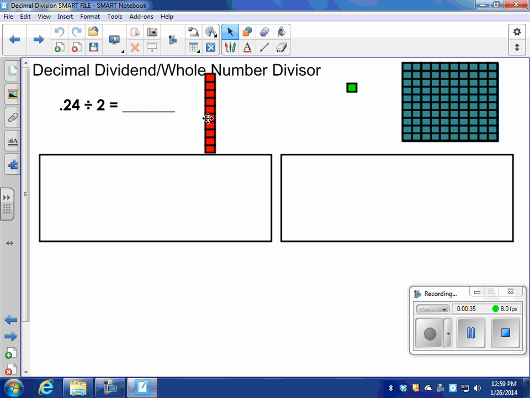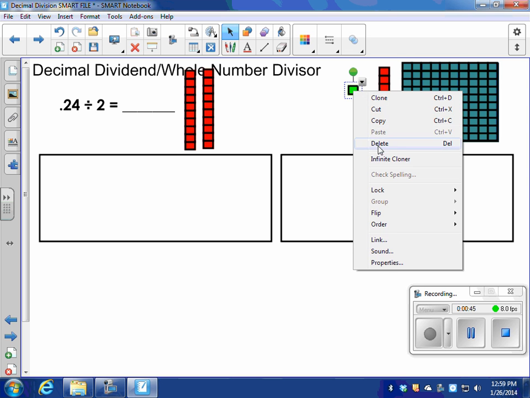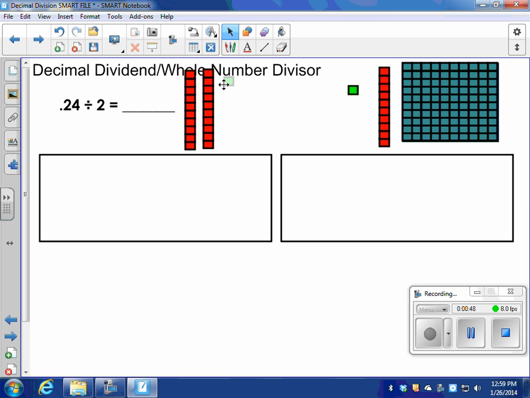So I'm going to go ahead and pull over 24 hundredths. So I've got 1 and 2. So there's my 20. 1, 2, 3, and 4.